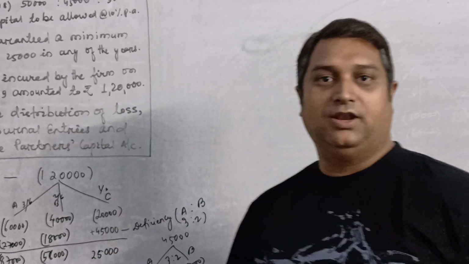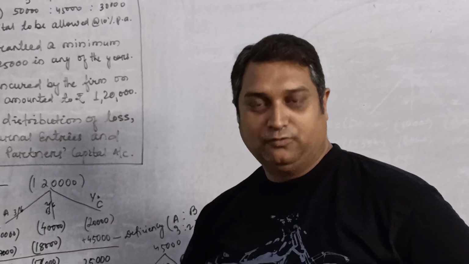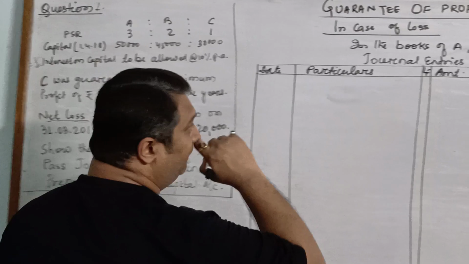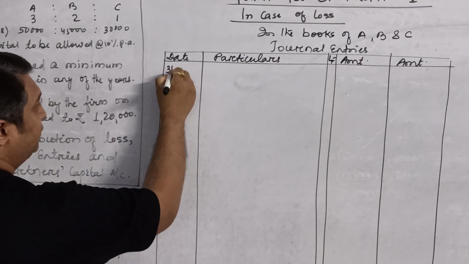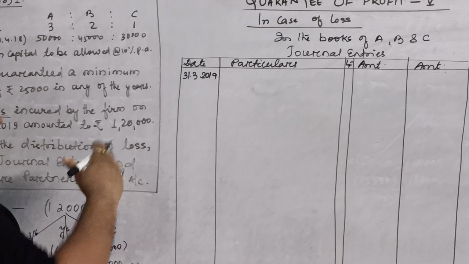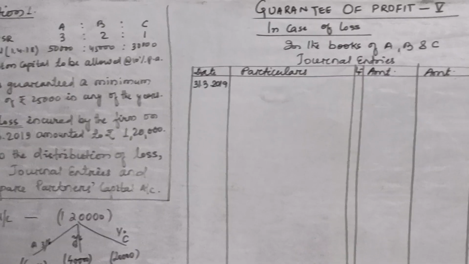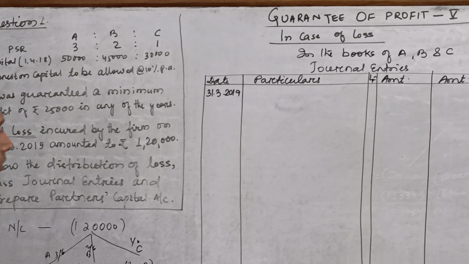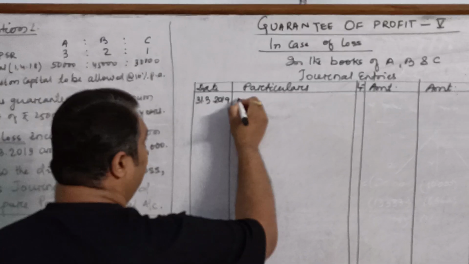Now let us pass journal entries to see this working. This is the format of the journal entry, where first of all we will pass the entry on 31st March 2019. We will transfer the amount of loss to partners directly.